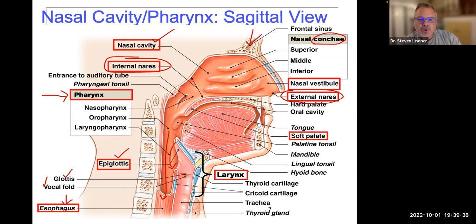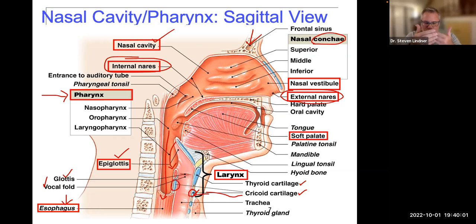Okay, everything blue or sky blue is cartilage. So the epiglottis is cartilage. Then we have the thyroid cartilage. Then we have the cricoid cartilage. Cricoid means ring. So if you look at the cricoid cartilage right here, you can see it in the anterior and you can see it in the posterior.